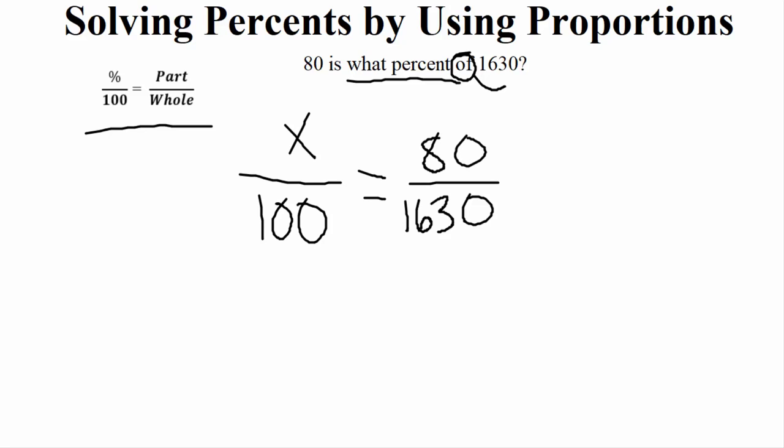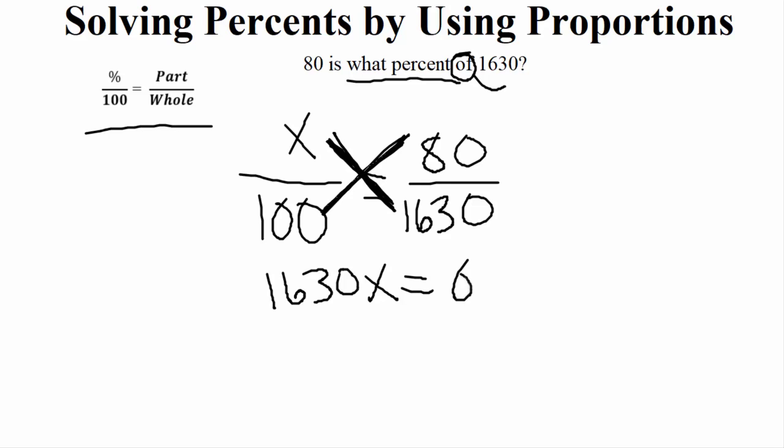Okay? So this is how we would plug into it. And now we just need to cross multiply in order to solve. So cross multiplying here, I'm going to put the 1,630 in front with the x behind it, and that's going to equal 100 times 80, which is 8,000.